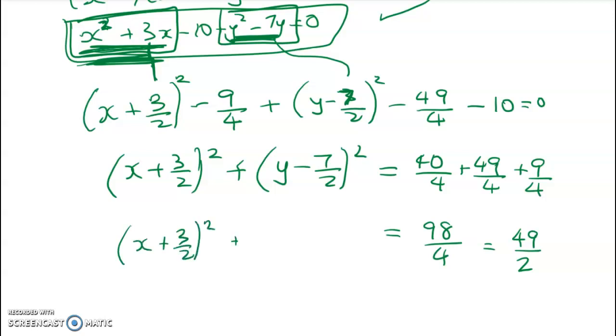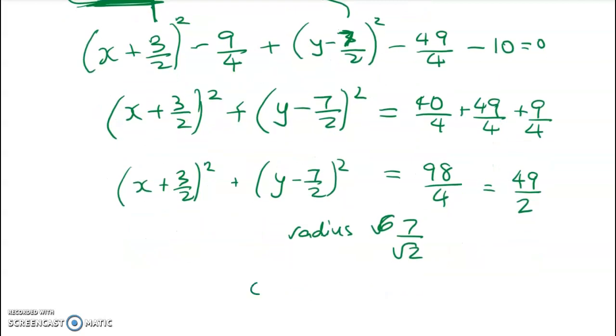So you can see that we've reworked that equation into a circle, and it's got a radius of 7 on root 2 and a centre of negative 3 over 2 and 7 over 2.